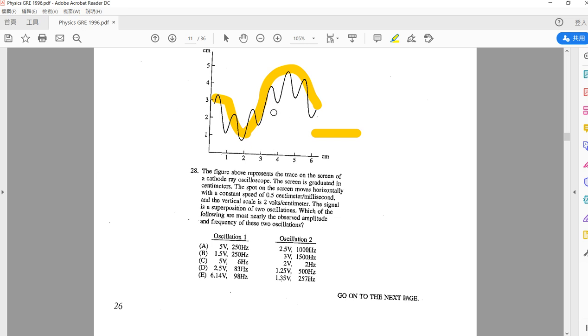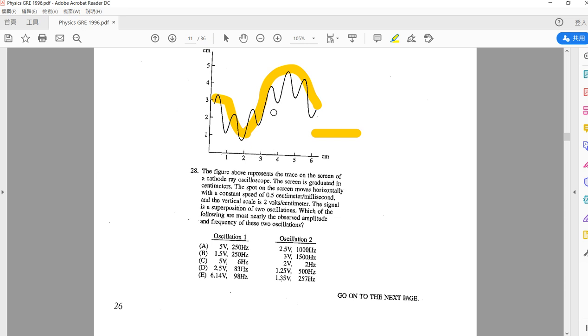So that means one has a smaller frequency and one has a larger frequency, so their frequency difference must be large. Unfortunately, even with this condition, only A, B, D have this result. A and B are very large, and so A, B, D have very different frequencies.